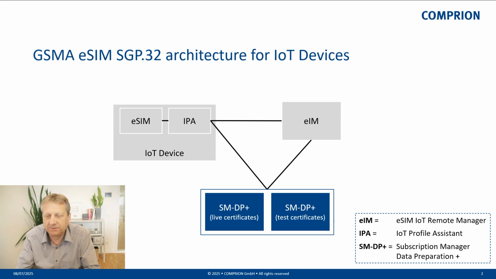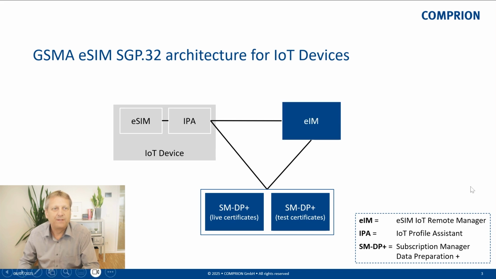So if you have access to a device or to an eUICC which contains test certificates, then you need this version of the SM-DP+. But also we have an SM-DP+ with live certificates. If you have a commercial off-the-shelf device, commercial grade eUICC, then essentially you need this type of SM-DP+ to serve your development environment with profile downloads.